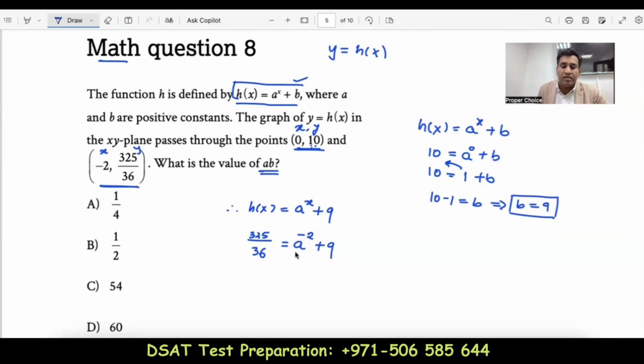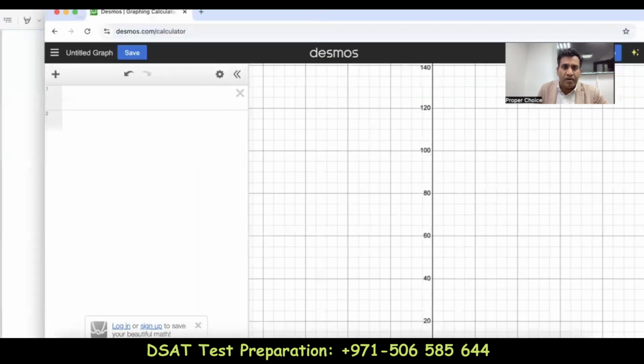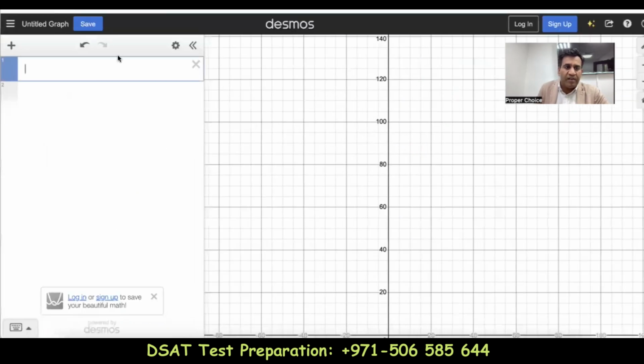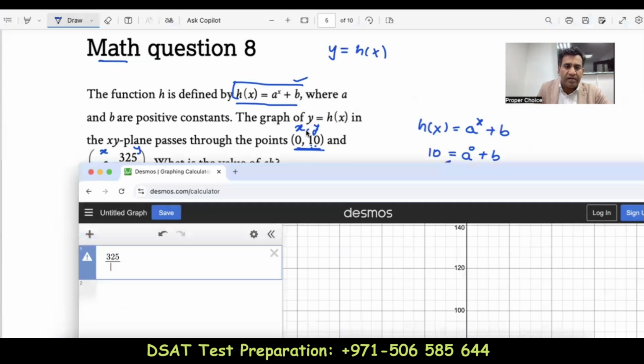So you have to type x at the place of a. Let me cancel the previous one. It is 325 divided by 36. I think it's right? Yeah, 325 divided by 36.